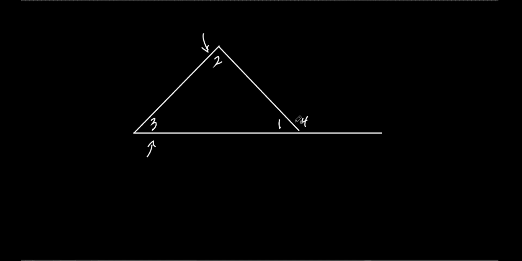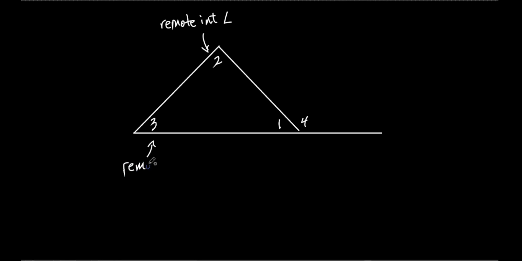Everybody, you know what remote means, right? So what am I getting at here? I just didn't want to talk about the old days and old TVs. These two angles are farther away from angle 4 than angle 1 is. So they're not just interior angles. What do you think we're going to call them with all that story? Remote interior angles. Okay, so that's a remote interior angle. And so is angle 3.